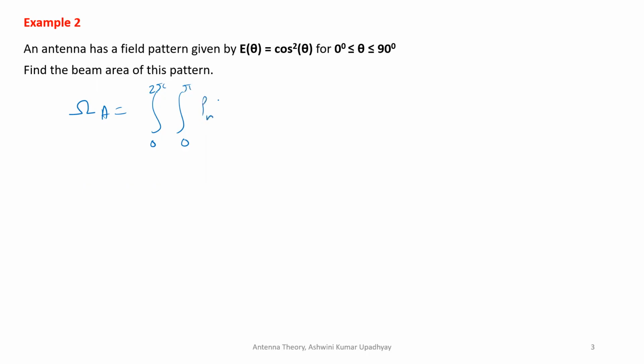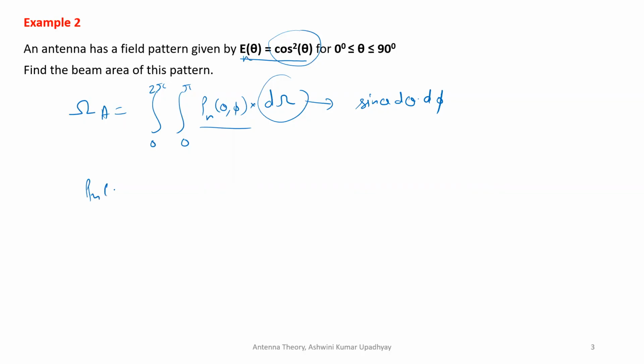Then this was your normalized power pattern. We can call it P theta phi multiplied by d omega. You remember this d omega term was nothing but sine theta d theta d phi, right? And what was this normalized power pattern? If you can see, the maximum value of cos square theta is going to be 1, so this is already normalized. You can also write it as En theta.